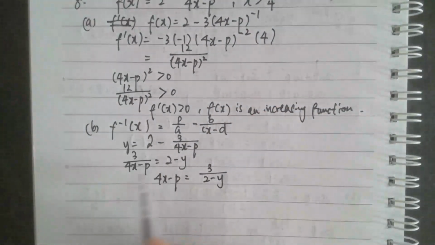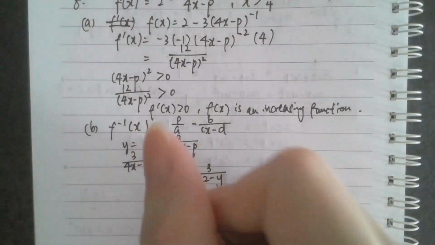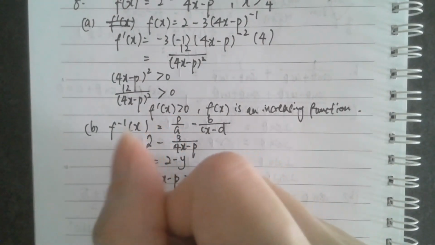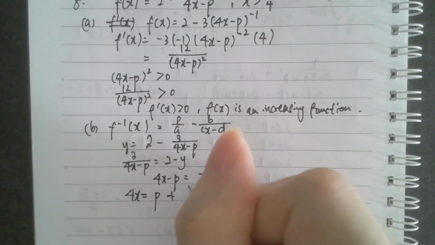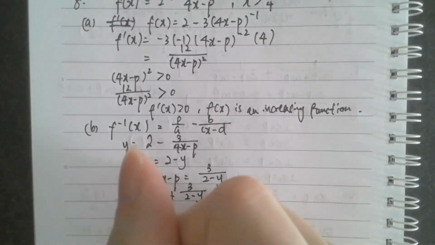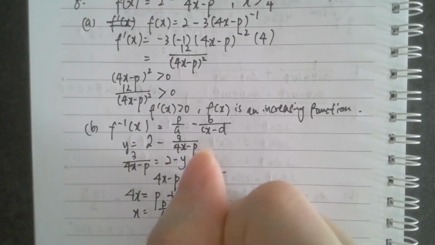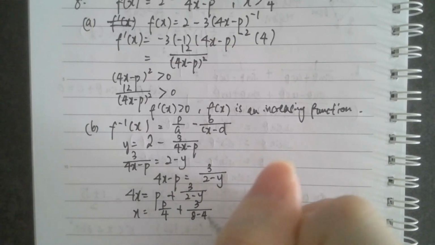Right, you interchange the denominator with this, okay, to draw out the x, and moving p across, so that will be 4x equals to p plus 3 over 2 minus y, and dividing by 4, x will just be p over 4 plus 3 divided by 4 times 8 minus 4y.